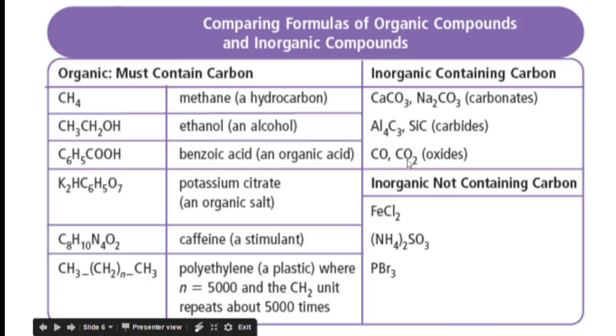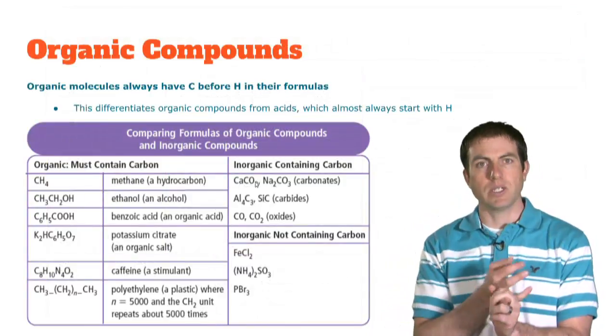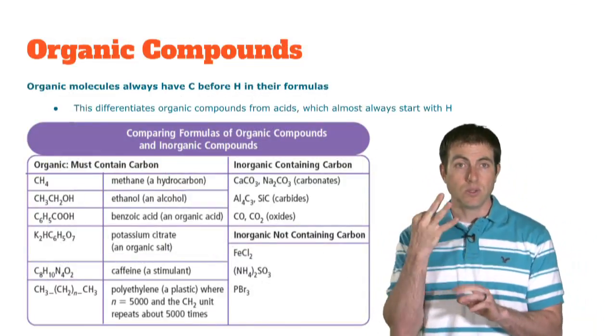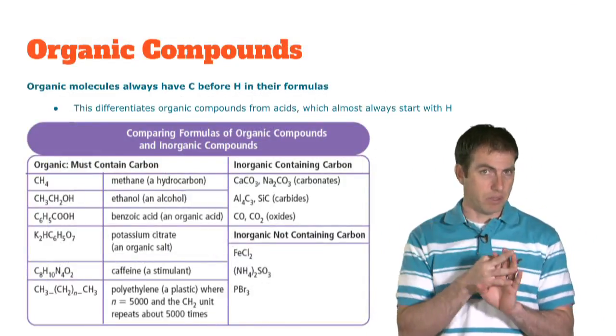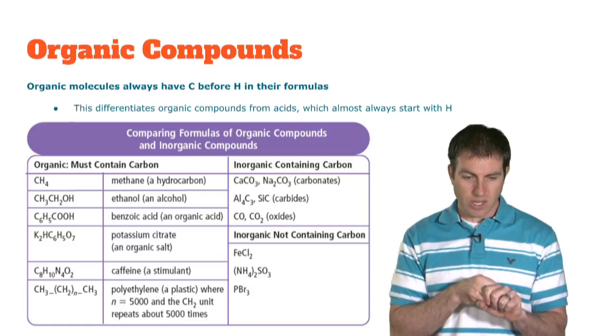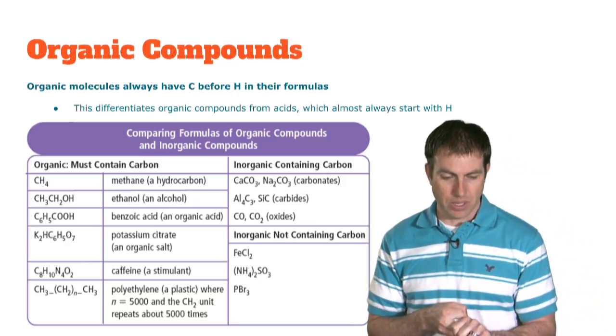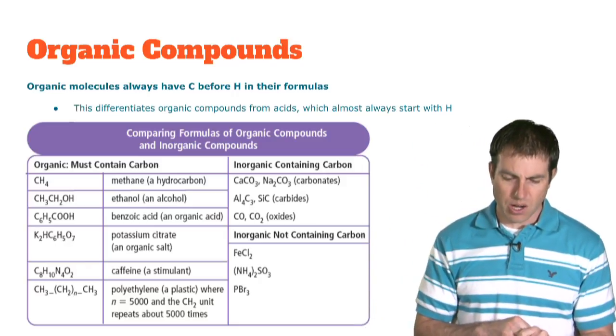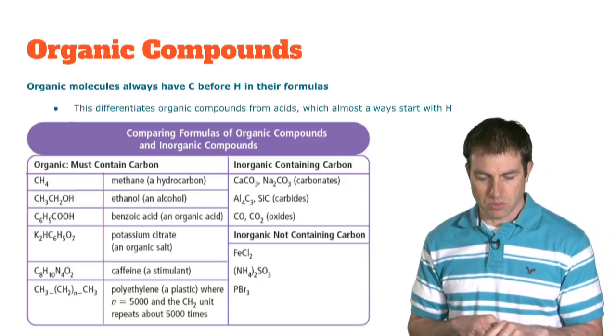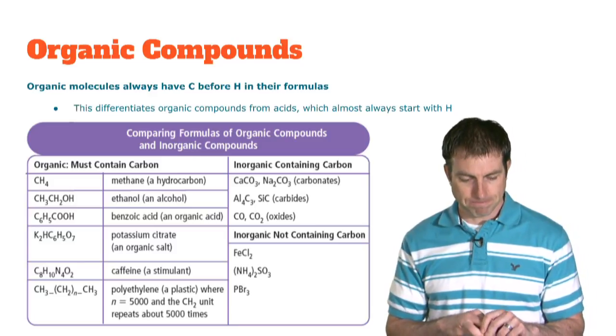CO2 has carbon, not organic, and CO3 has carbon, not organic. So carbon monoxide, carbon dioxide, or carbonate, those three contain carbon, but they aren't organic. Just about everything else is going to be an organic compound. The carbides are very rare, so I wouldn't worry about them too much.